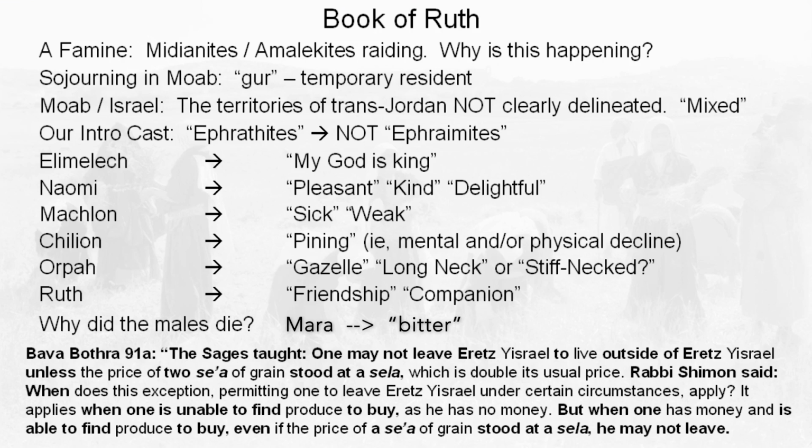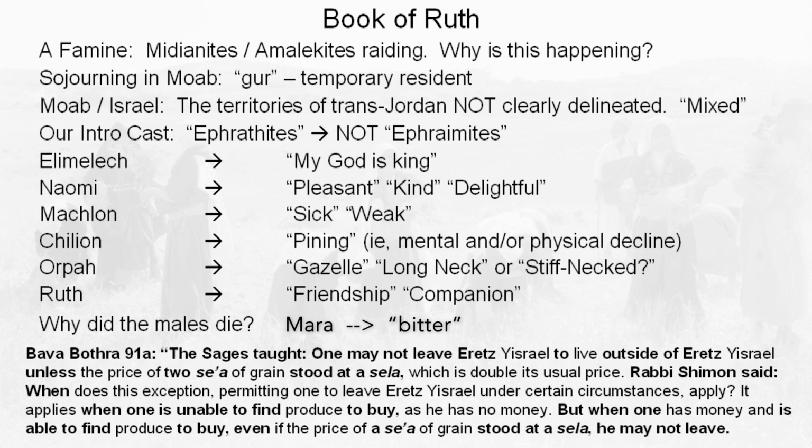It says here, the sages taught that one may not leave the land of Israel to live outside of the land of Israel unless the price of 2 se'ah of grain stood at a selah, meaning it is doubled in price. Rabbi Shimon said, when does this exception permitting one to leave the land of Israel under certain circumstances apply?